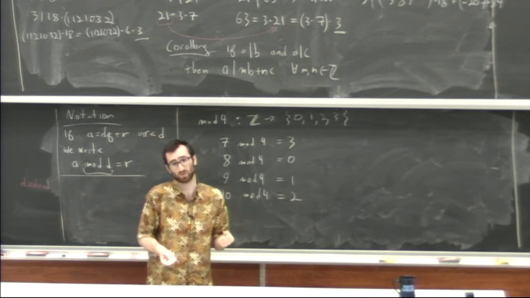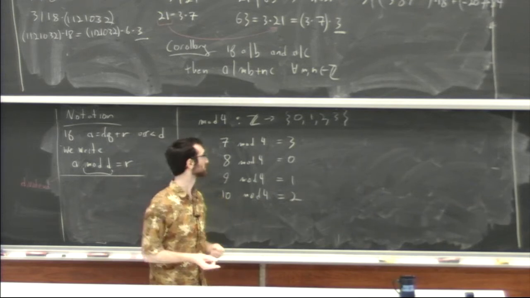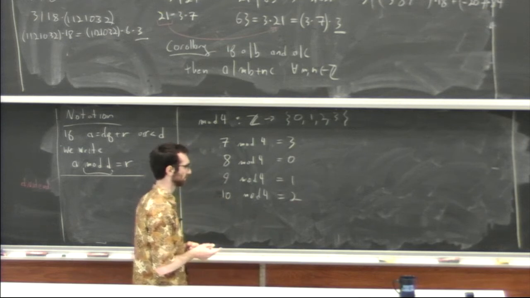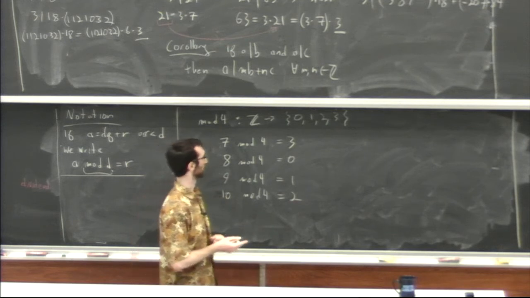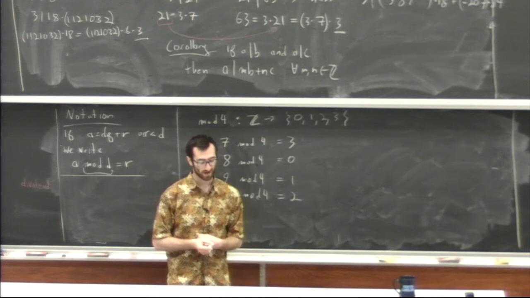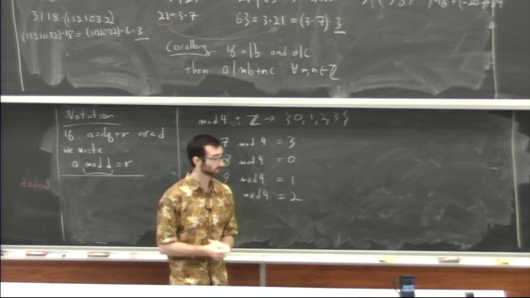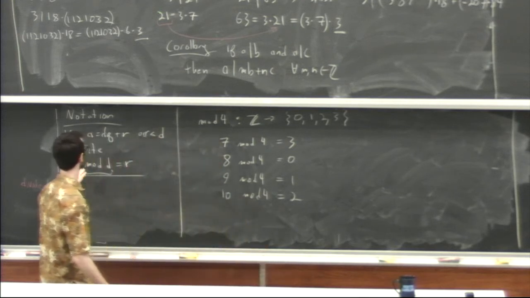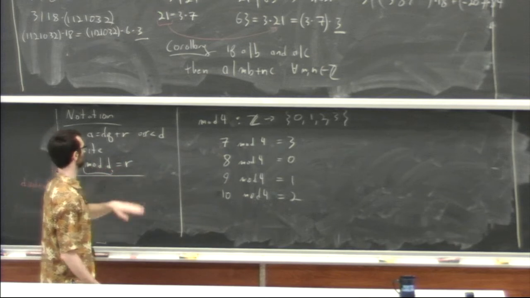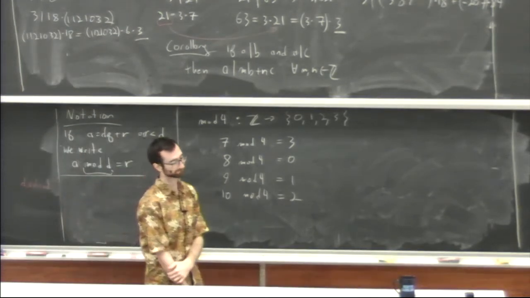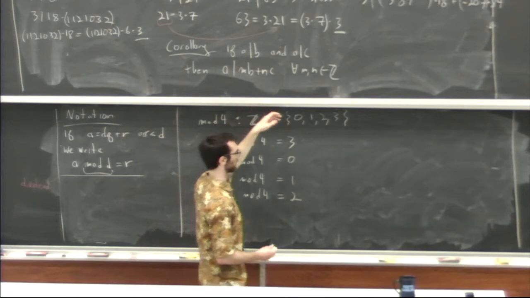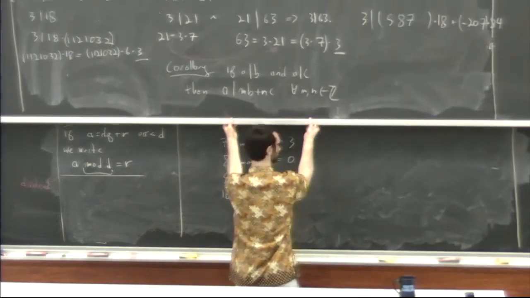Or what is 84 mod 12? The answer is probably, well, I don't know. I don't want to calculate it. Great. So this is our notation. a mod d is equal to r. And now we can get started with some modular arithmetic.